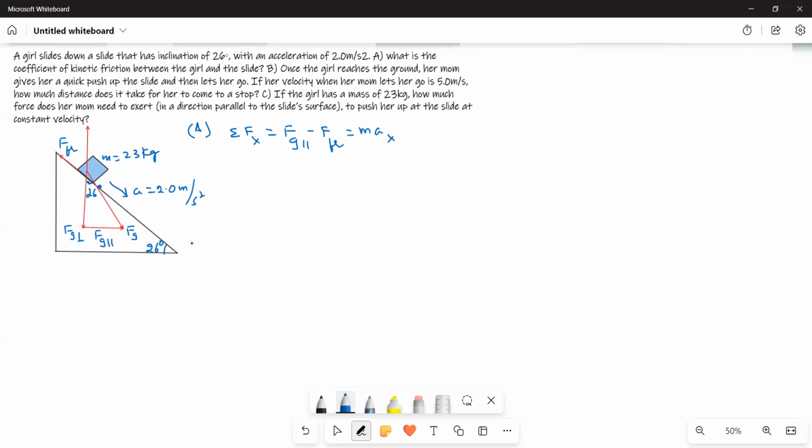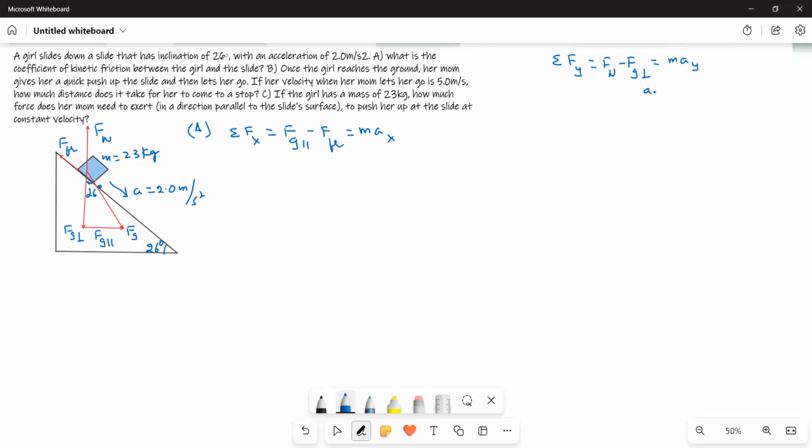Now here I will write what Fg parallel and F friction are. For F friction, I will write the y component force equation. Sigma Fy is equal to, this is Fn, Fn minus Fg perpendicular is equal to m ay.